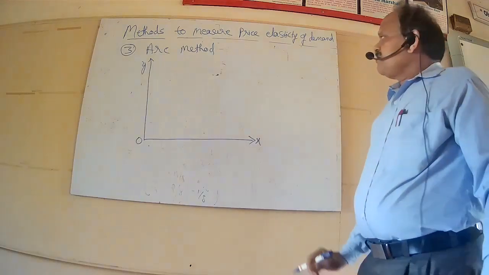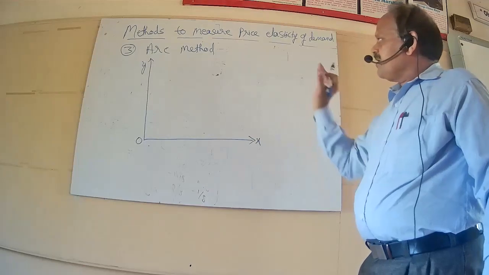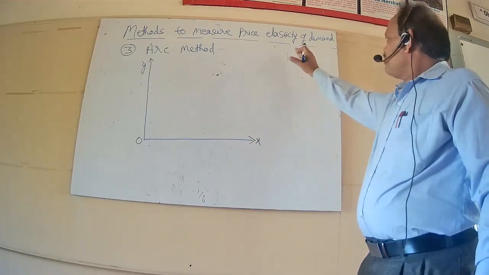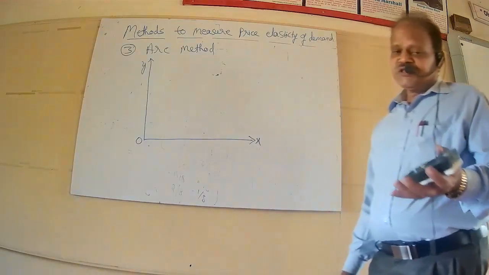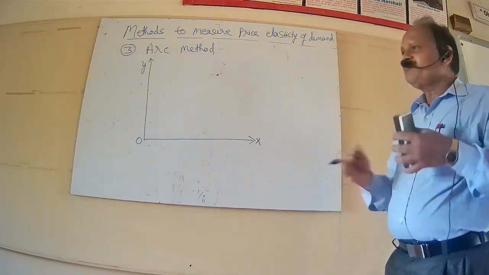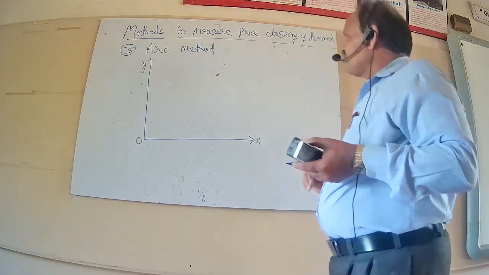And it takes into account addition and division of the quantity demanded as well as the price level, changes in price level and changes in quantity demanded. So minute changes can be observed and measured with the help of the arc method.